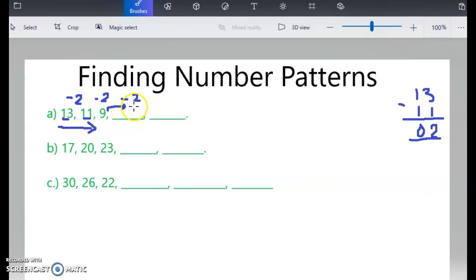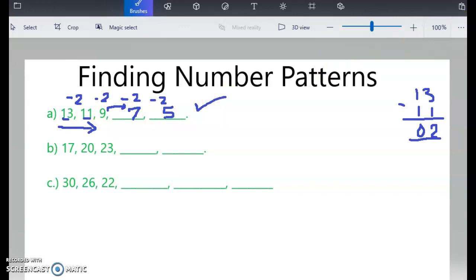So 9 take away 2 would give us 7, and that would be my answer. Now I have to take away 2 more from 7 to find the answer here. So 7 take away 2, I can count backwards. 7 will be 6, 5. So that would be 5. And I just finished my first pattern.